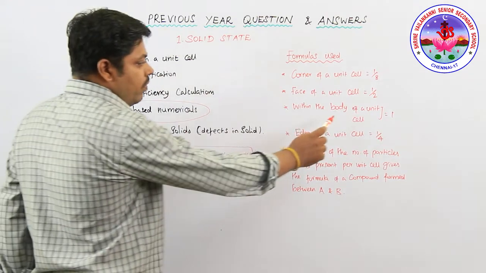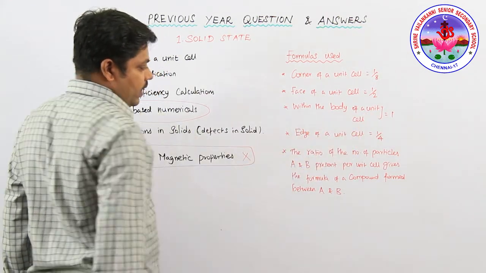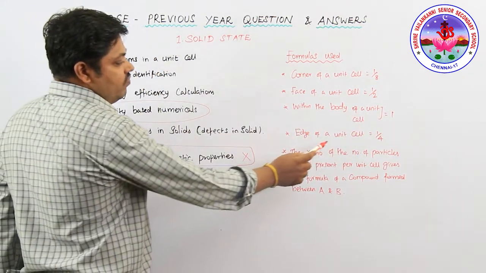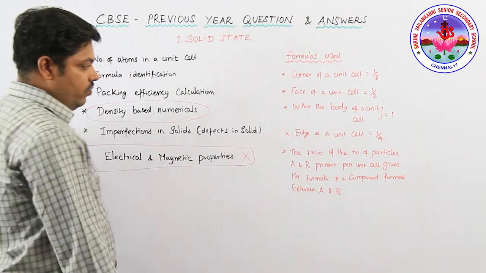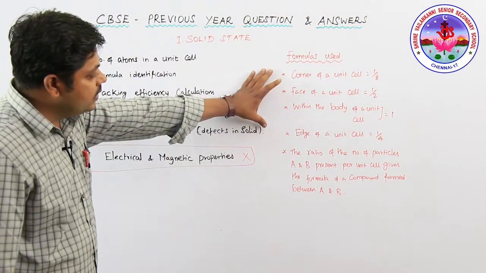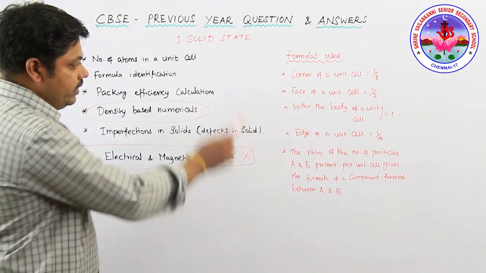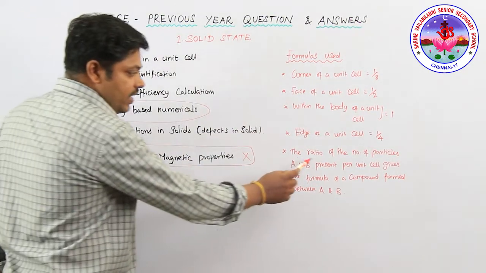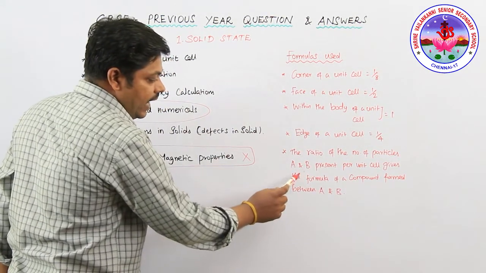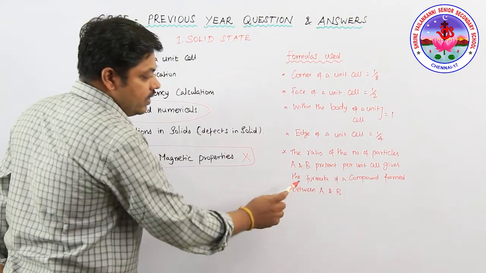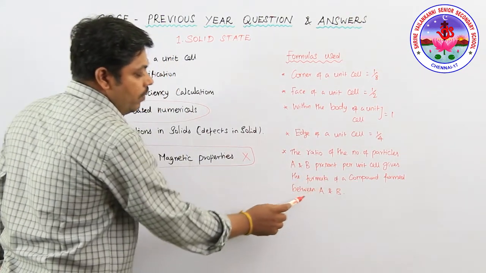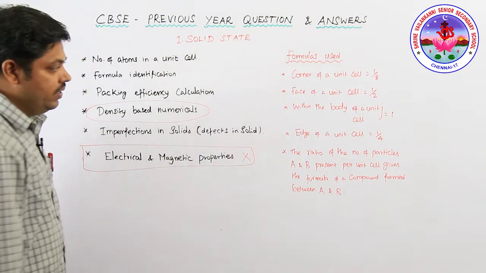A particle within the body of a unit cell contributes 1, and on the edge of the unit cell it is 1/4. You have to remember these things. Then the ratio of the number of particles A and B present per unit cell gives the formula of the compound formed between A and B.